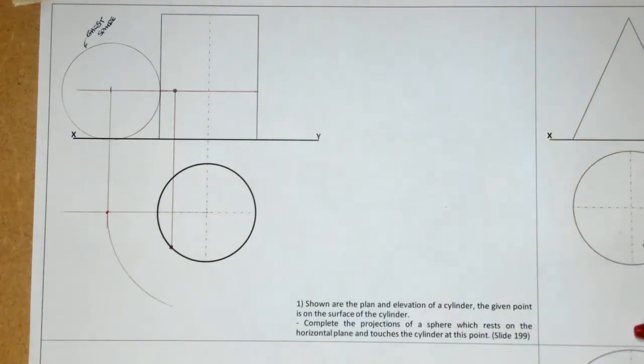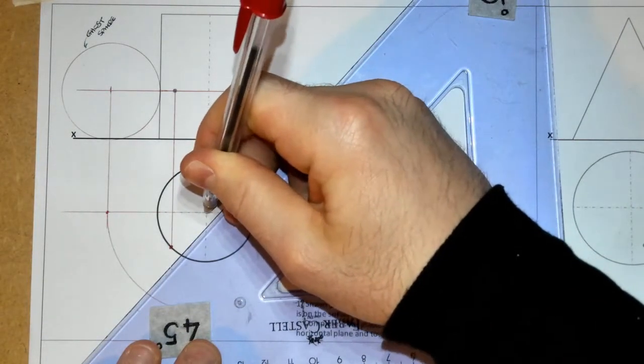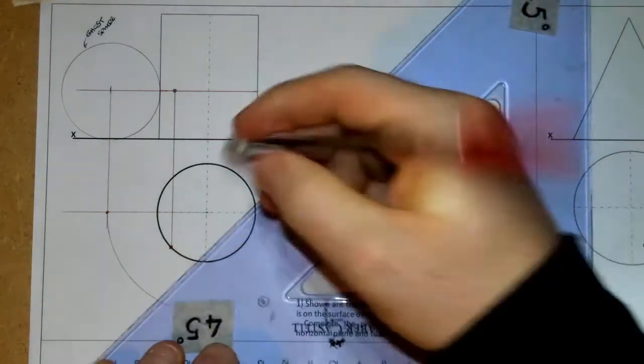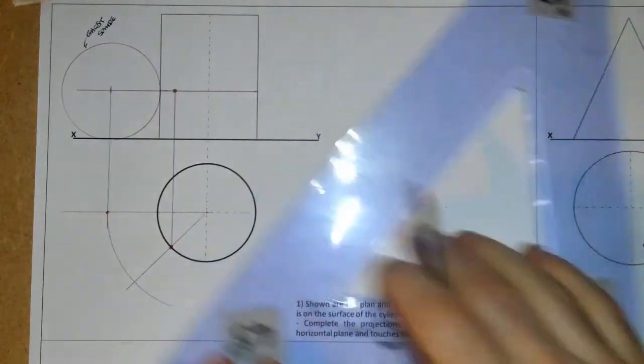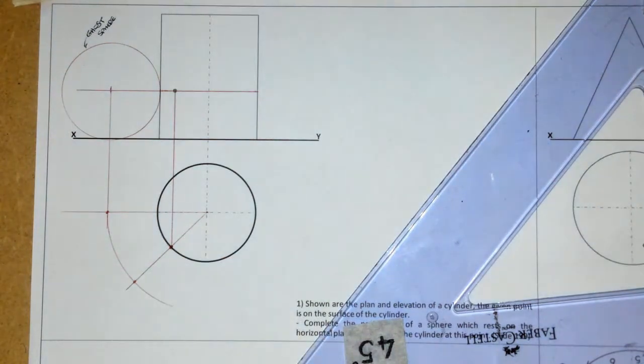And we know that for a cylinder and a sphere, their points of contact in plan view will be located by joining the two centers. So if I join the center of my cylinder through the point of contact and extend it out, I have now found where the center is of my actual sphere that I need in plan view.